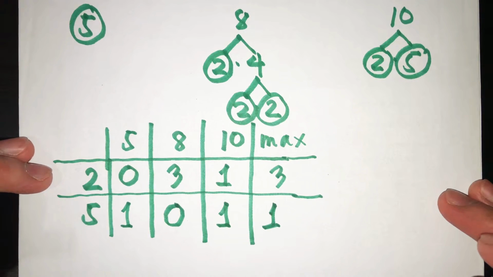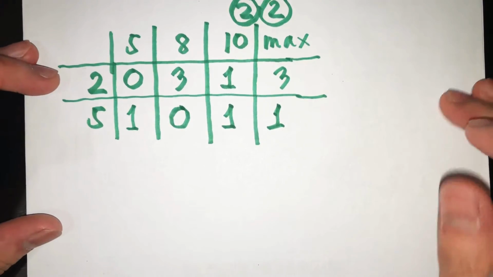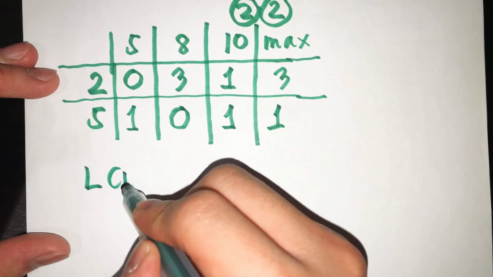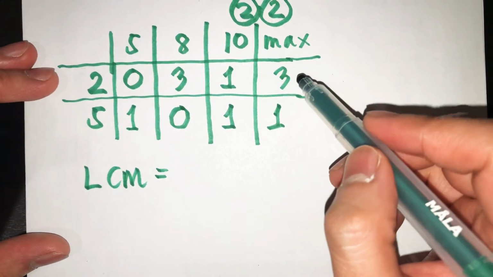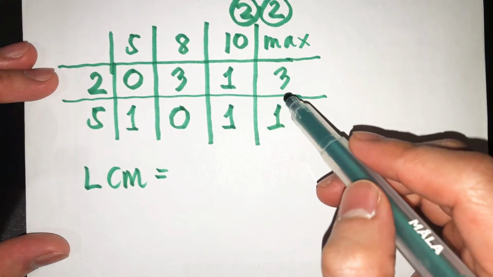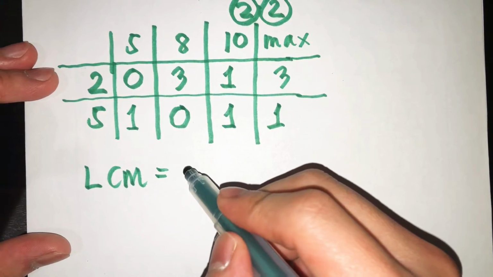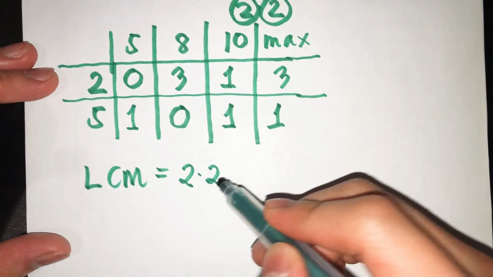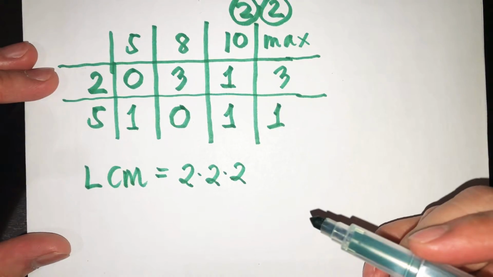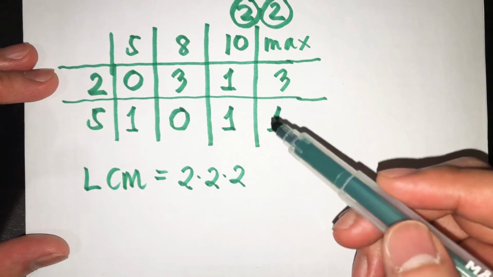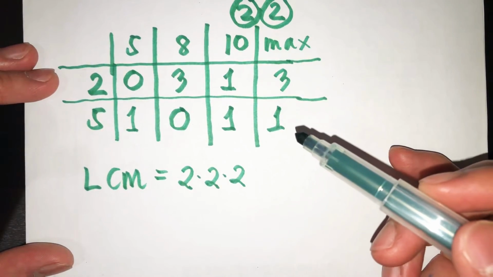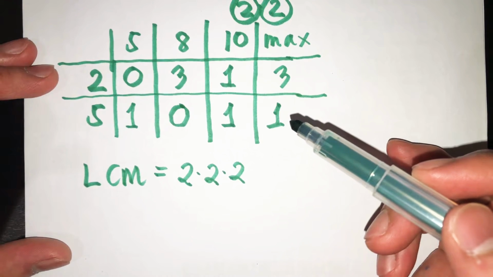So meaning the LCM now is equal to, in this case the maximum is 3. So you will have 2 times 2 times 2, because the maximum number for 2 is 3, or it appears thrice on the given numbers.